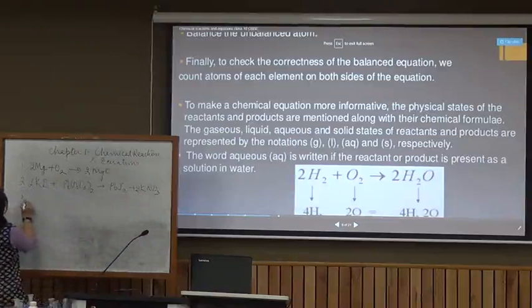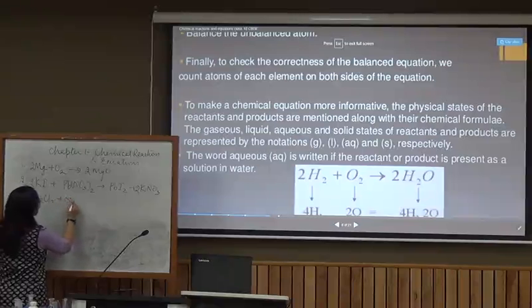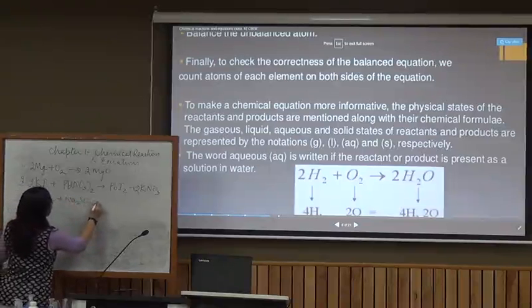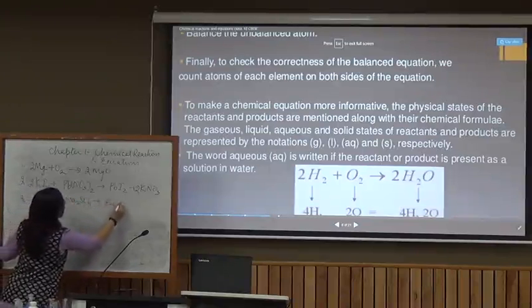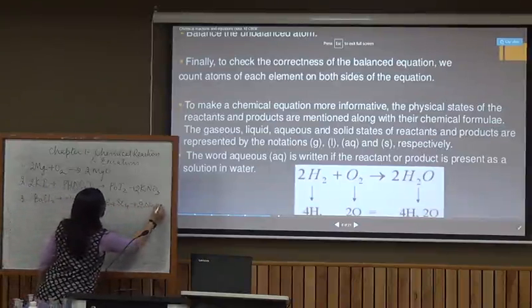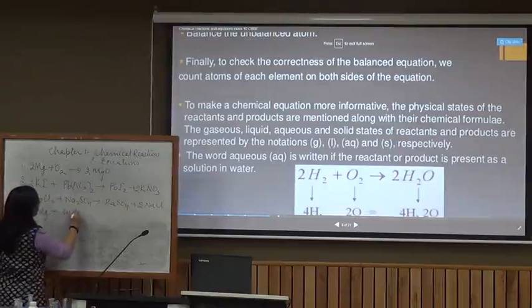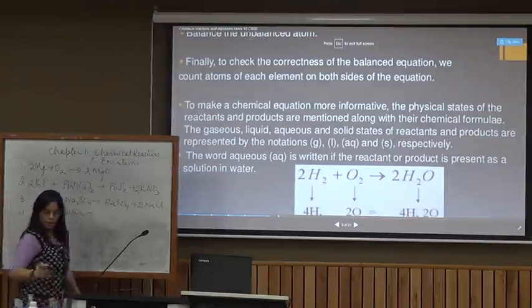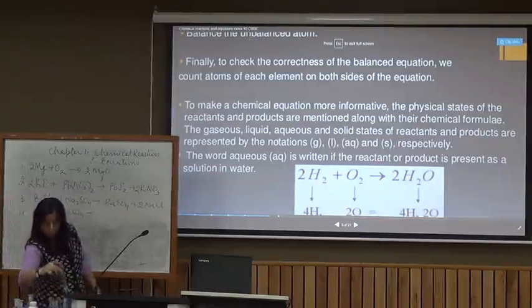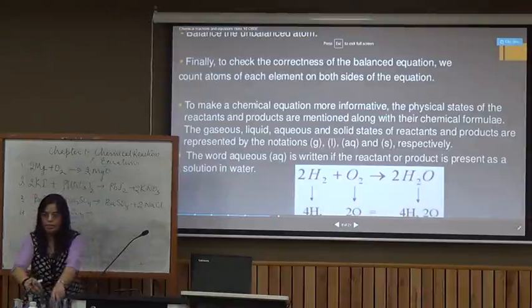Then we treated barium chloride with sodium sulfate and we obtained barium sulfate white precipitate and sodium chloride solution. And we had treated the magnesium with copper sulfate. We obtained, see, this is almost colorless now, the color has faded.